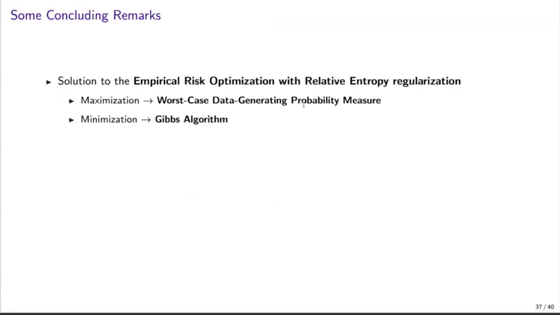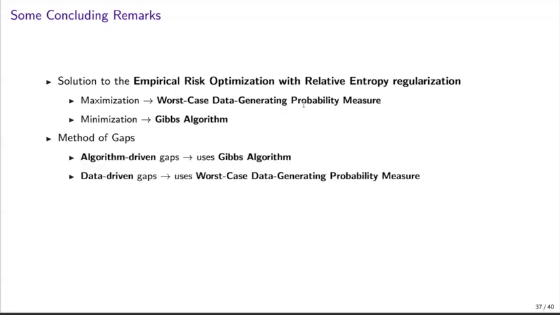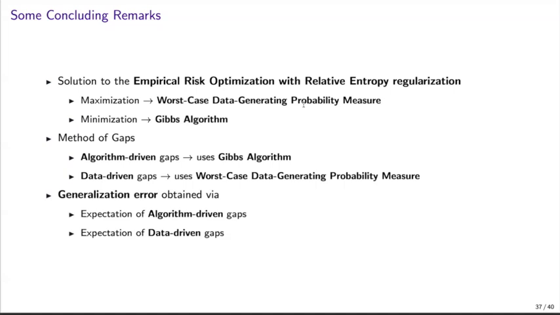Thank you. Okay. To conclude, we have studied the empirical risk optimization with relative entropy regularization. We studied the maximization that led to the worst case data generating probability measure and the minimization that led to the Gibbs algorithm. It turns out that the method of gaps allows us to provide expressions for the generalization error using either the Gibbs algorithm or the worst case data generating probability measure.